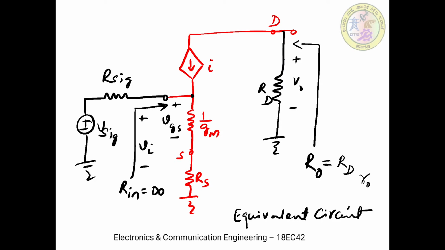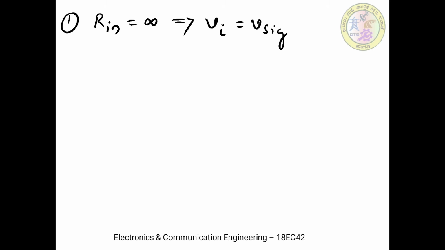So here the first one we are going to analyze is the input resistance Rin. So this will be equal to infinity. Because of this, whatever Vi is there, Vi will be equal to VSIG.